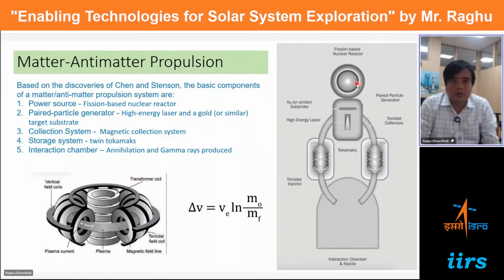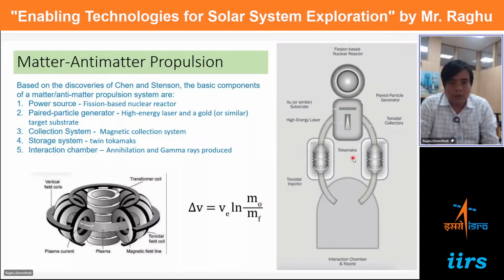Here is the power source, and this is the production system. Then there is a substrate, and this is the laser source. The laser source will bombard this substrate, and a pair of particle and antiparticle will be created. Let us say an electron is created and collected through this part, and the positron is collected through this part.